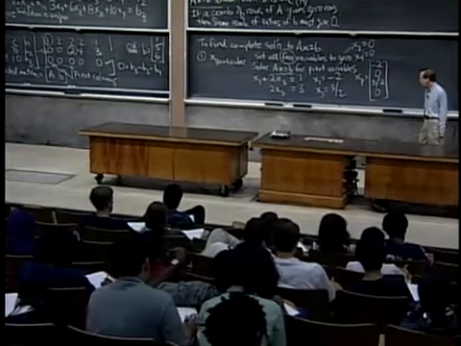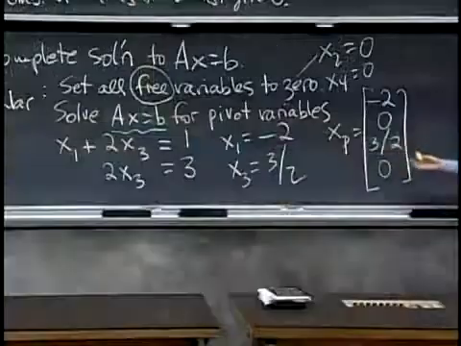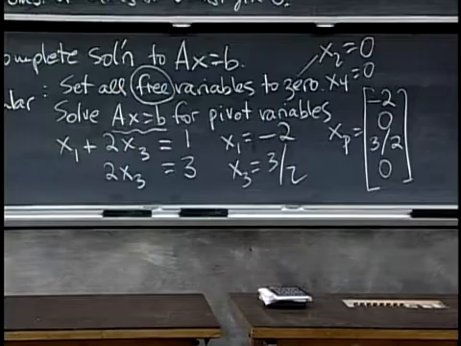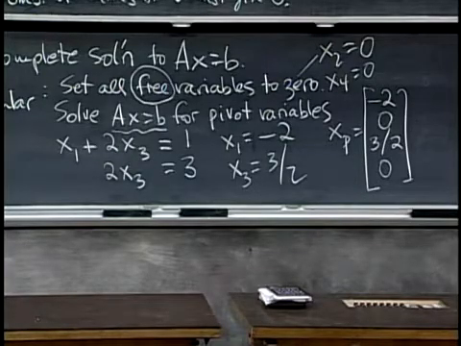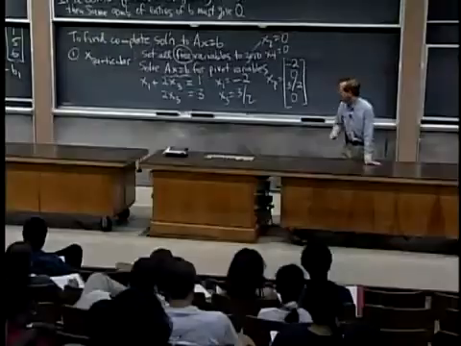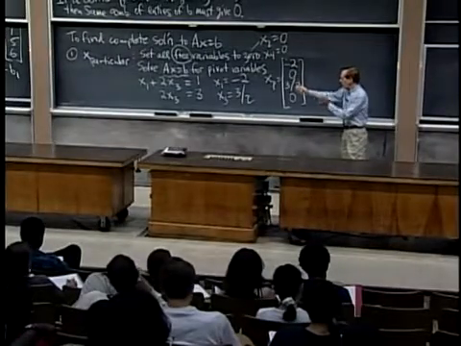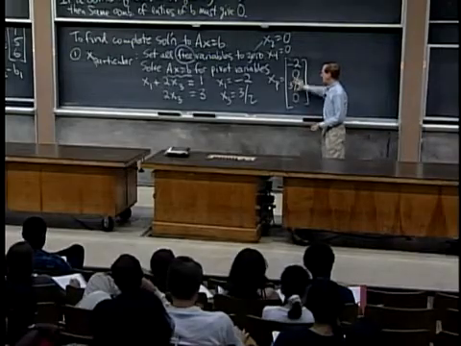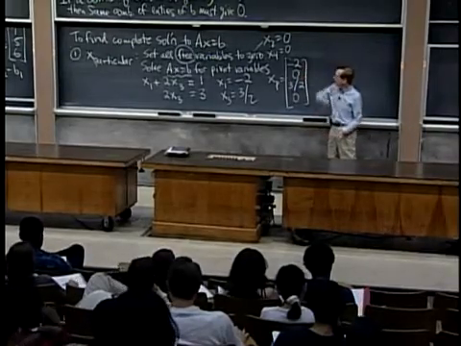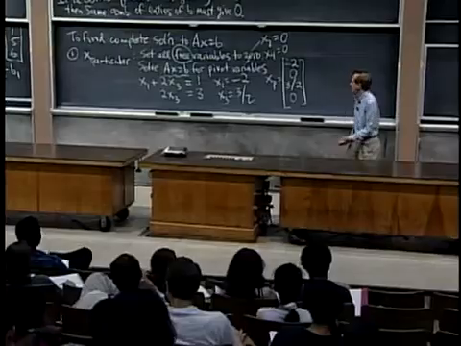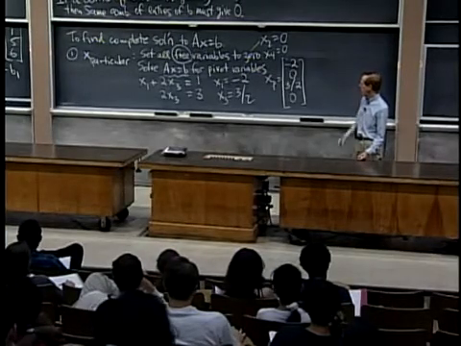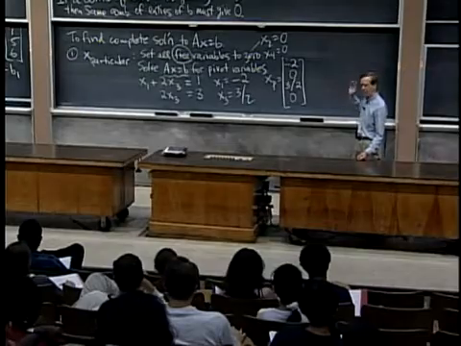Okay, good. That's one particular solution, and we should and could plug it into the original system. Really, on the quiz, please, it's a good thing to do. We did all these row operations, but this is supposed to solve the original system, and I think it does. So that's x particular, which we've got.